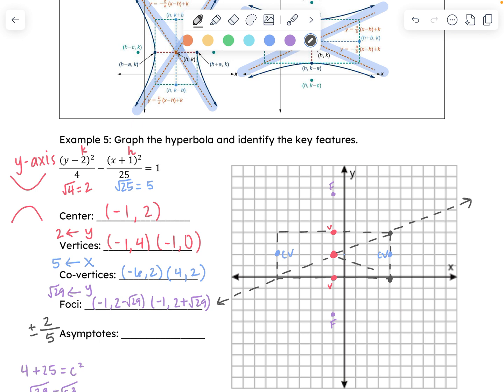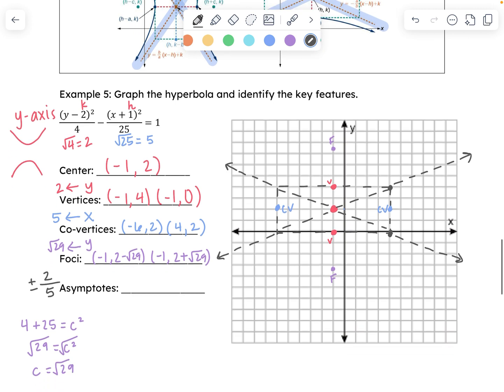So there's the little shortcut for these asymptotes. So remember, it's y minus k is equal to plus or minus your slope times x minus h. And you already know your h and your k from your center. So y minus 2 is equal to plus or minus 2/5 x, and then I'm going to do plus 1 because minus and negative becomes plus.